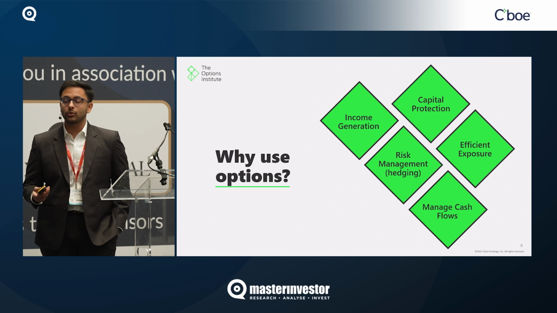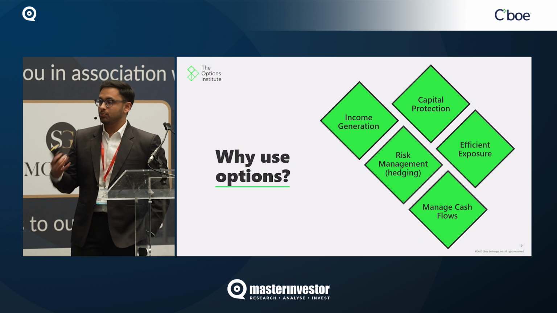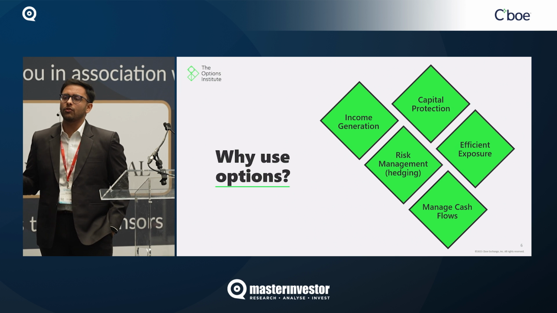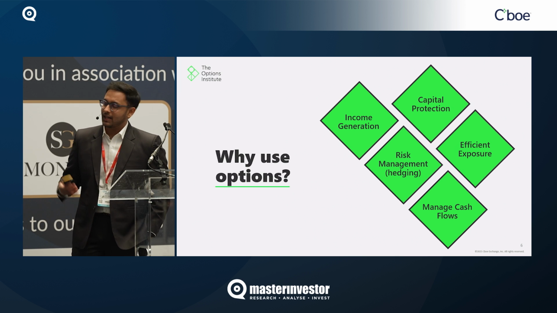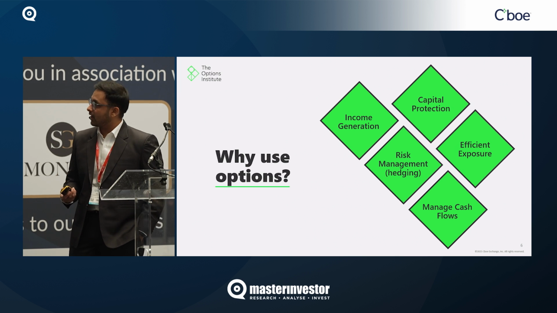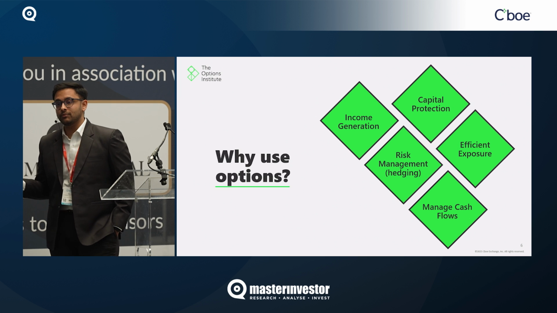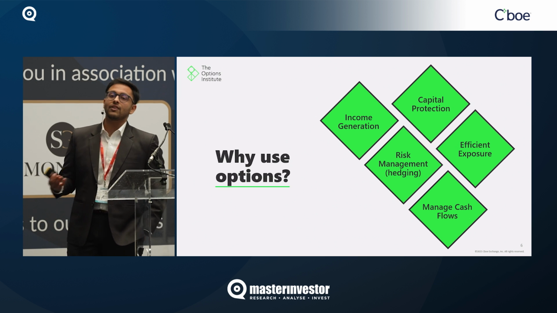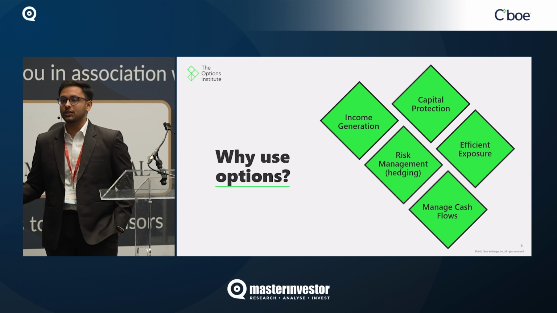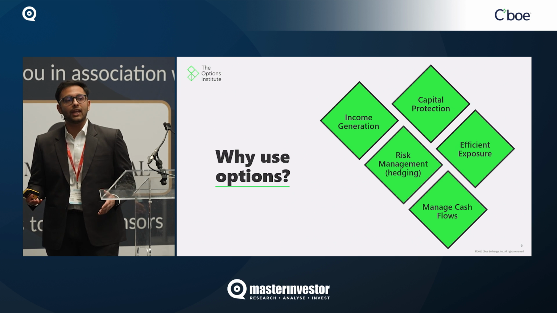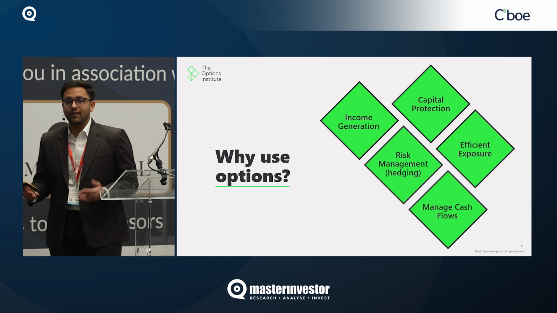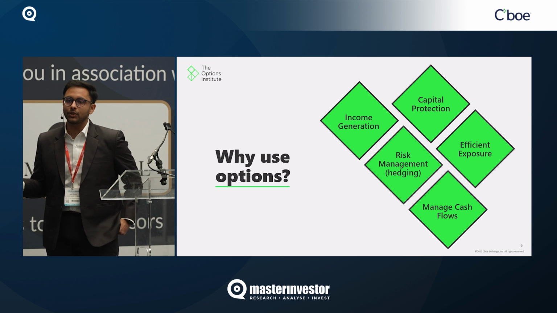You can sell options to generate income over time on a regular frequency and increase your capital over time. There's also capital protection. Options can be used essentially as insurance. A lot of investors and traders have existing market positions, and they're always looking for a way to protect themselves from a market downturn or an adverse market condition. Options can help you do that.